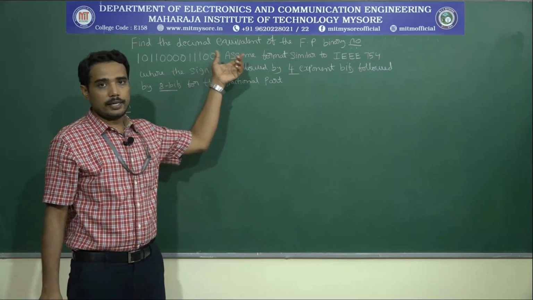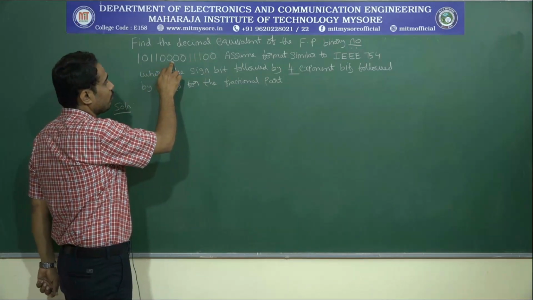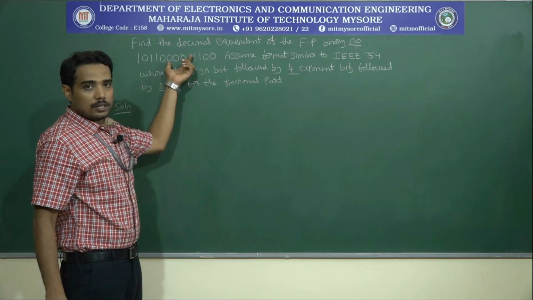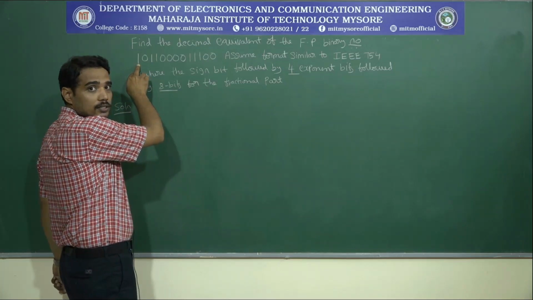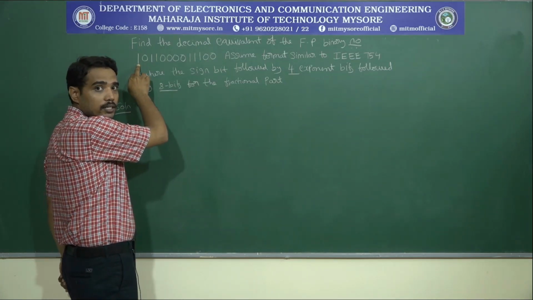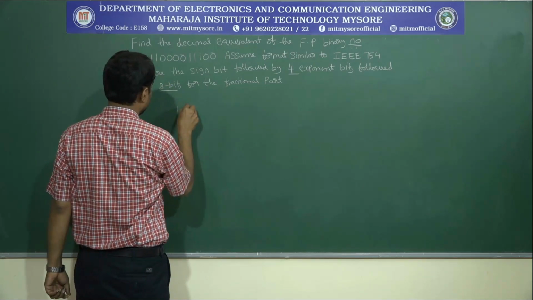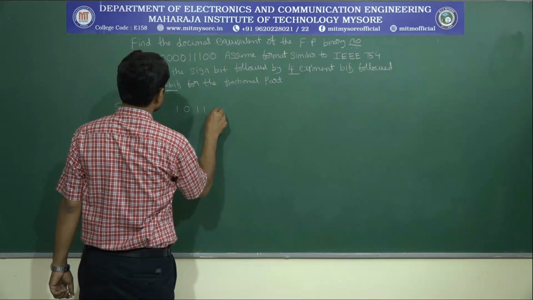What are all the given data? The data is 1011 followed by 4 zeros followed by 111, 00. In this data, the very first bit is going to indicate the sign of the number. Now let us write the same number once again for better clarity.